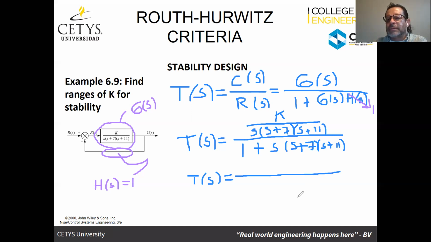I'm going to do a couple of things here mathematically just to not write anymore. I'm going to be multiplying by the denominator. Okay. Oh, wait a minute. I made a mistake here.